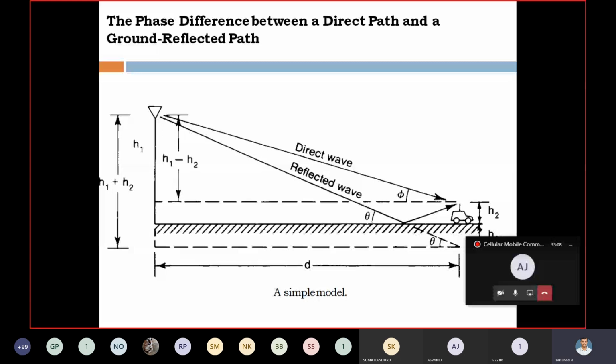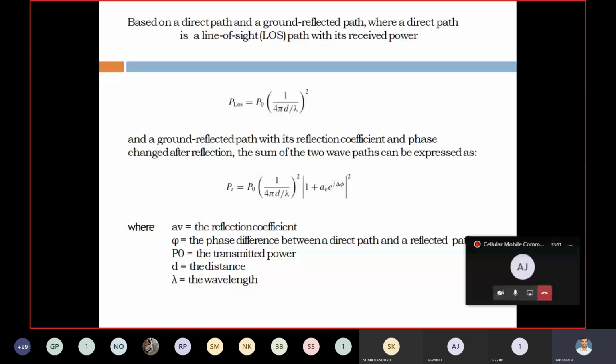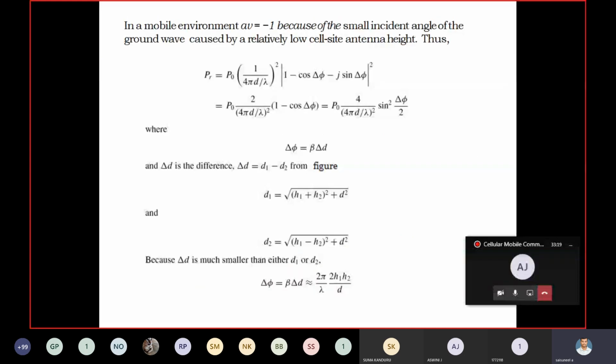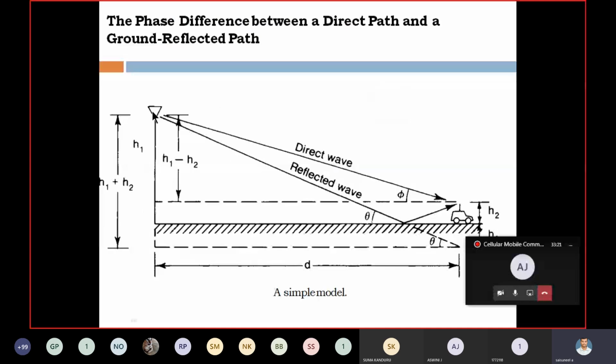Based on the direct path and the ground reflected path, the direct path is nothing but the line of sight path from the base station to the mobile station. At that time, in general, the path loss is P naught multiplied by 1 by 4 pi d by lambda. I think you already know this equation from antenna and wave propagation.